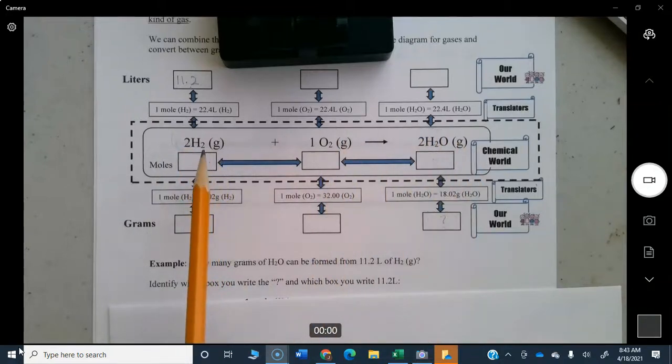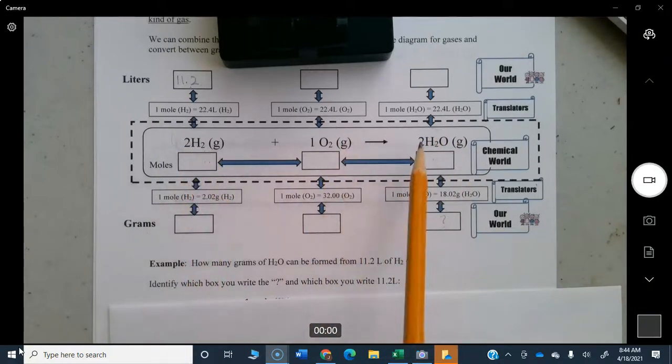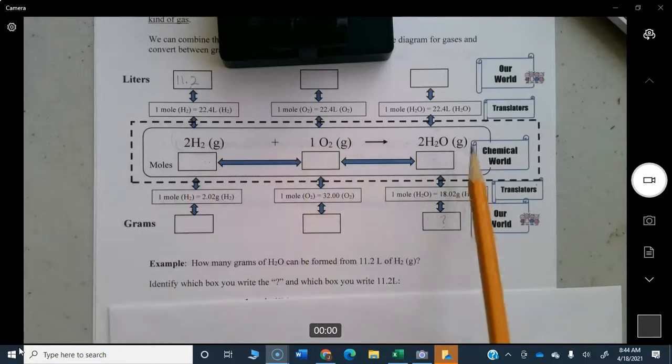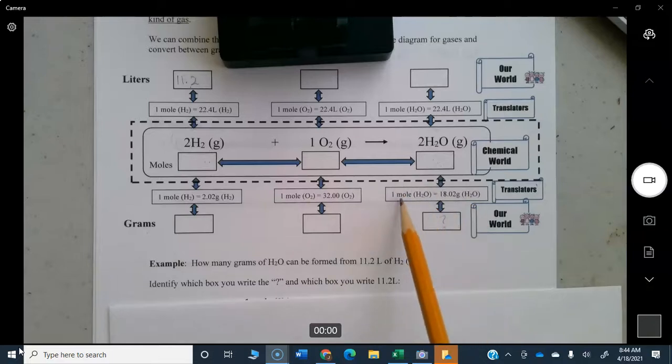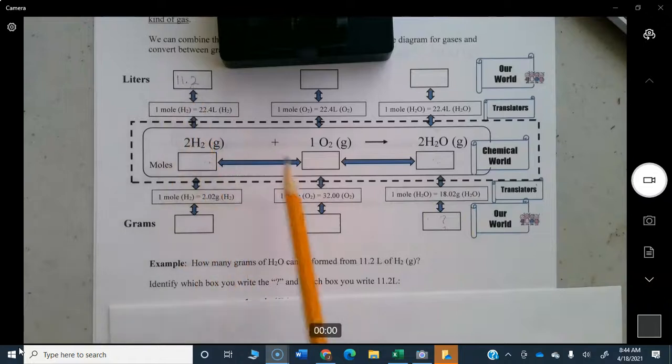Don't forget to put the word moles in. Now you've made that conversion, and then you want to come out to your final answer in grams of H2O. So you use the molar mass conversion that we've used many times before. So it's three conversions, 1, 2, 3, to get there.